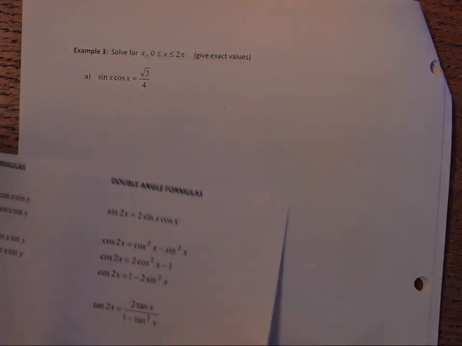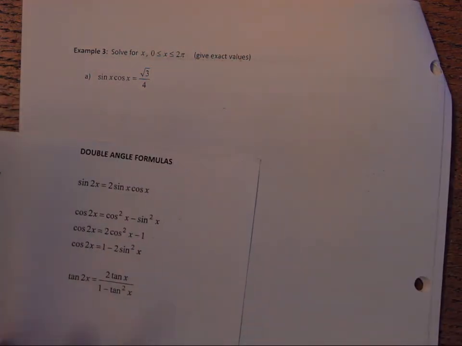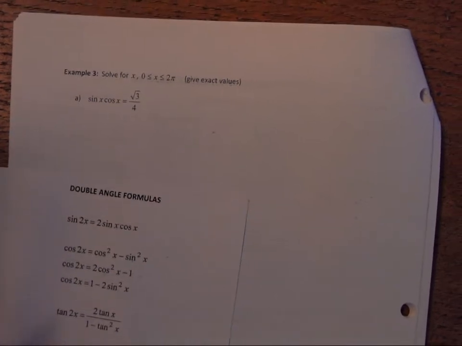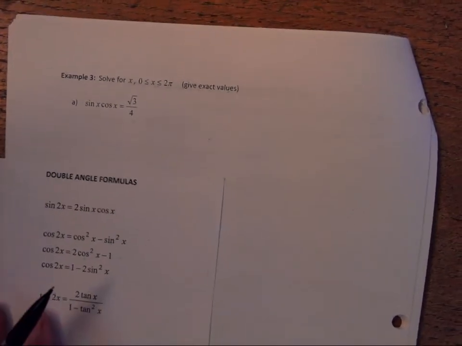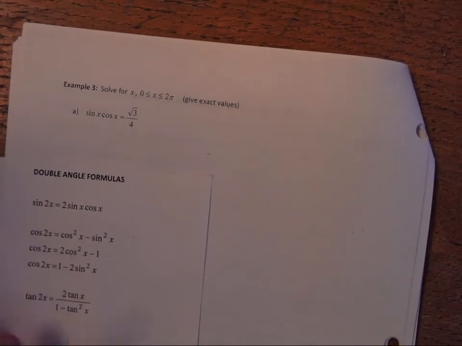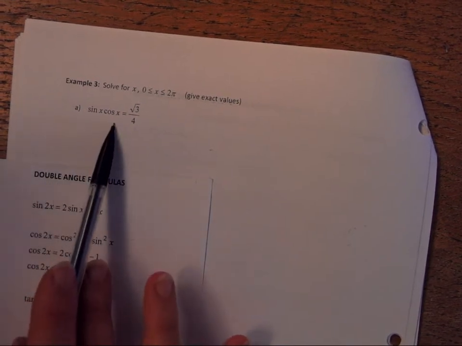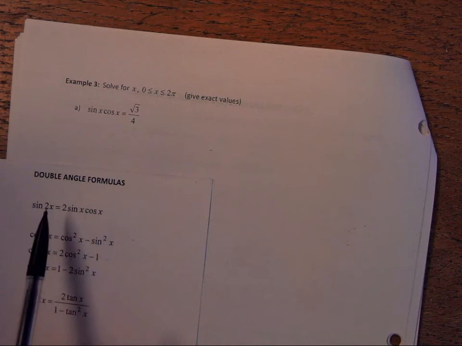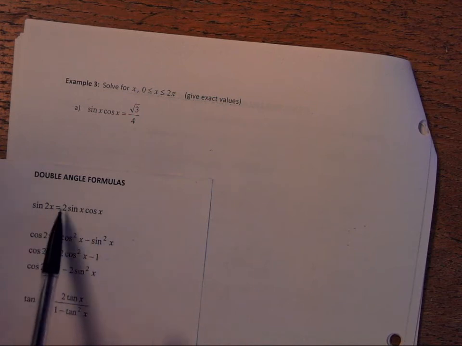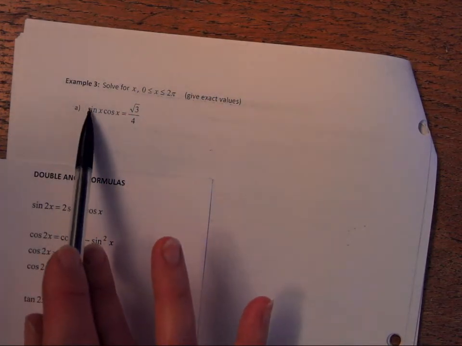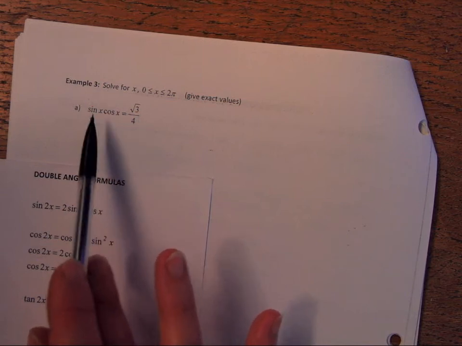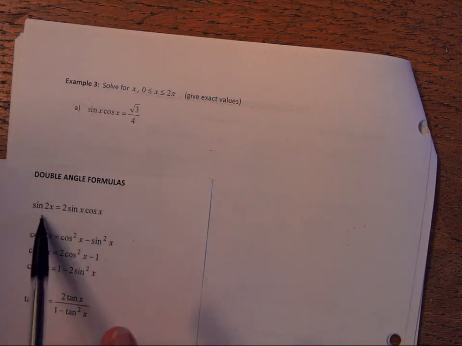Okay, so if we were able to write it as a single ratio, that would be great, right? Now when you look at these double angle formulas, one of them is very close to sine x cos x. So which one is it? The sine 2x formula. If this was 2 sine x cos x, then you would replace it by sine 2x.